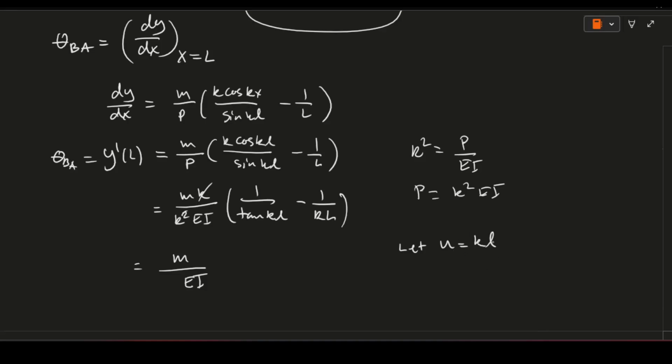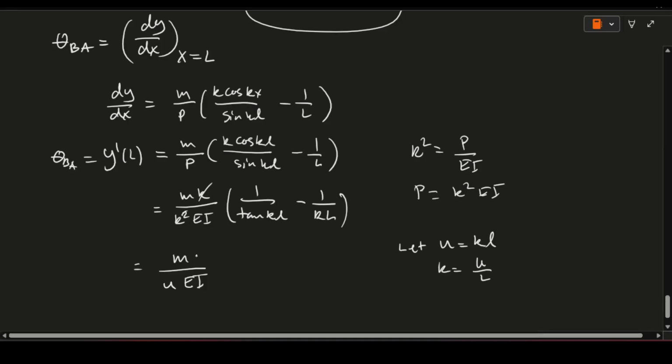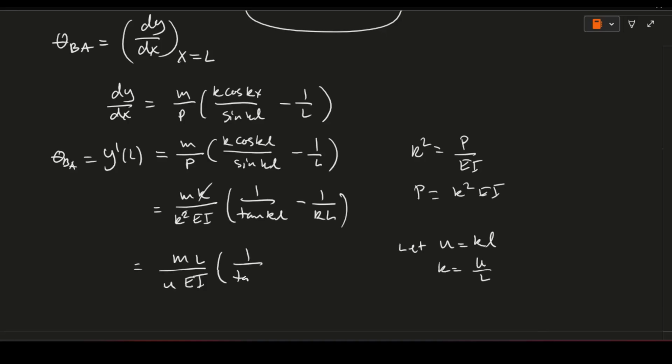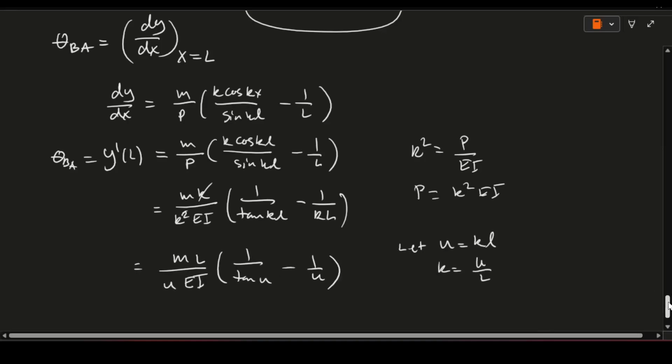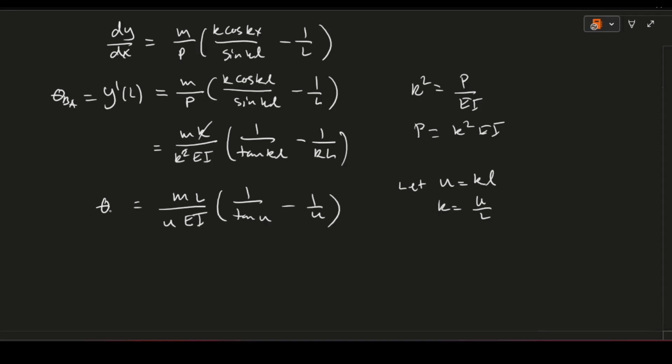If u equals kL, then k equals u over L. So k becomes u over L, so I put the L upstairs. Get 1 over tangent u minus 1 over u. This is theta BA.